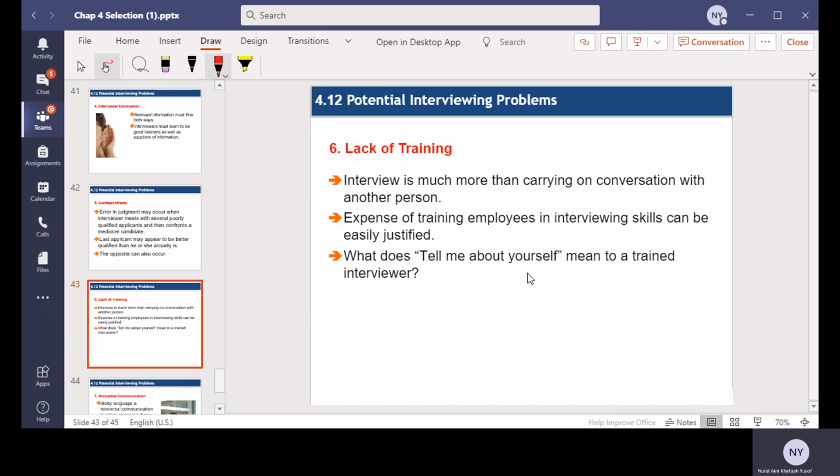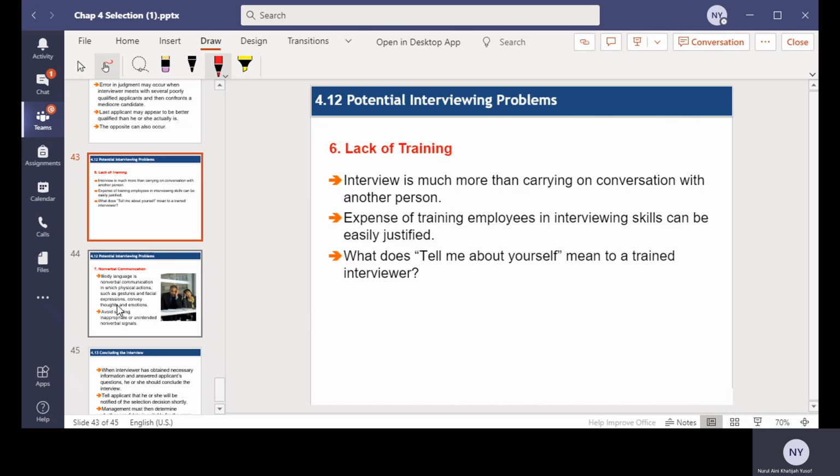You don't need to tell me your name, your experience, I can see. Tell something which is not in your resume, about your personal qualities. So they need to know what is expected from all the questions. That's why training is very important for the manager. They should know what question to ask and what are the expected answers that they would like to know.